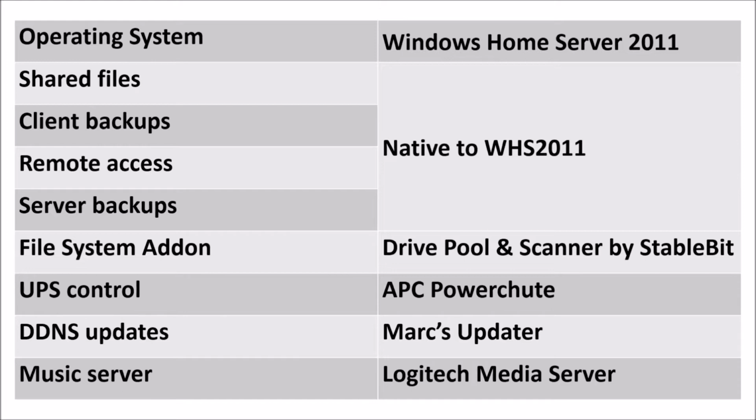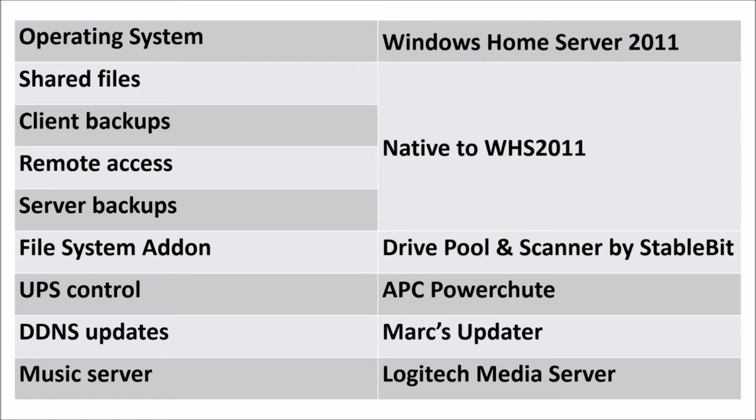I had a program called Mark's Updater that ran on it that provided dynamic DNS, which would keep track of an address that I could use to access my home server, even though I have a dynamic IP address from my ISP, which is now Comcast, but was Verizon.